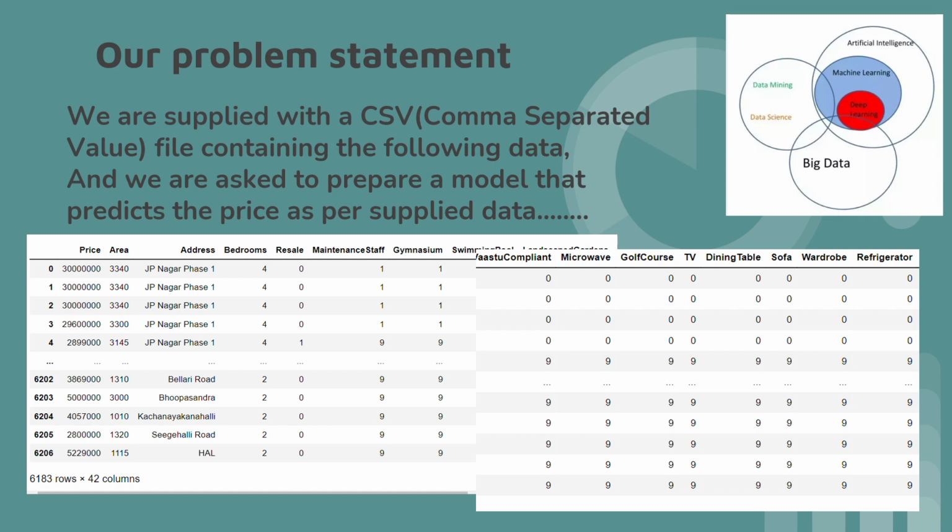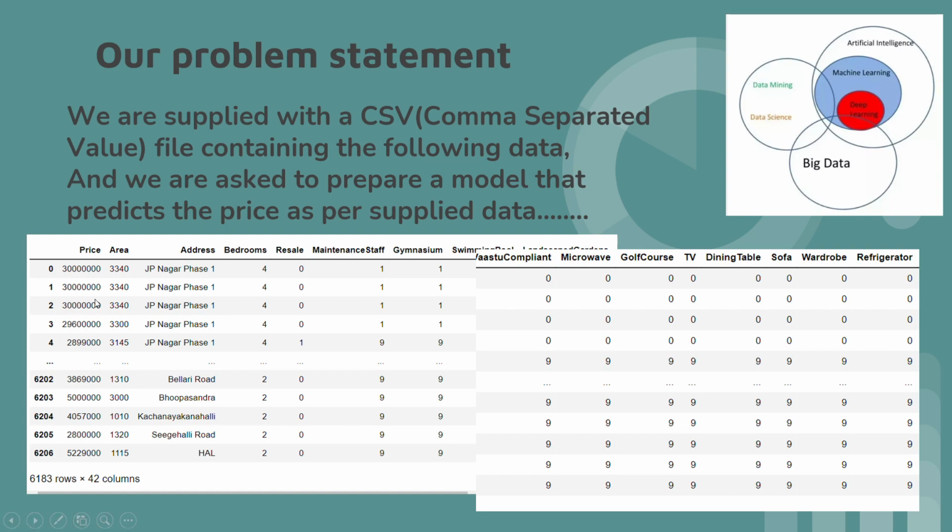As we can see, we are given a CSV file, and this is actually not the CSV file, this is the pandas dataset, and this dataset contains the data regarding the flats.